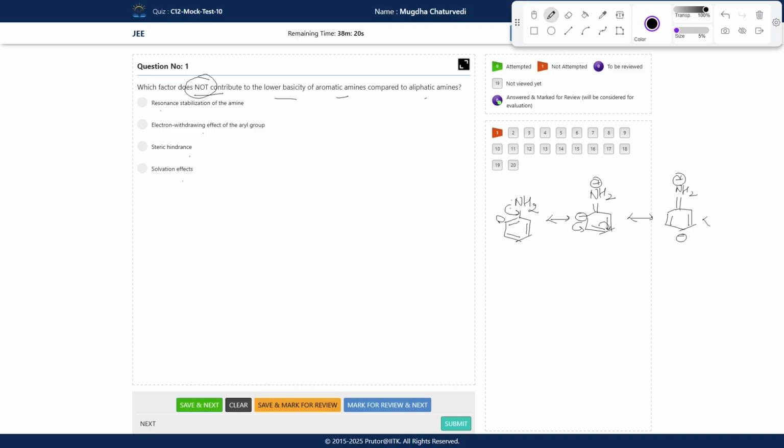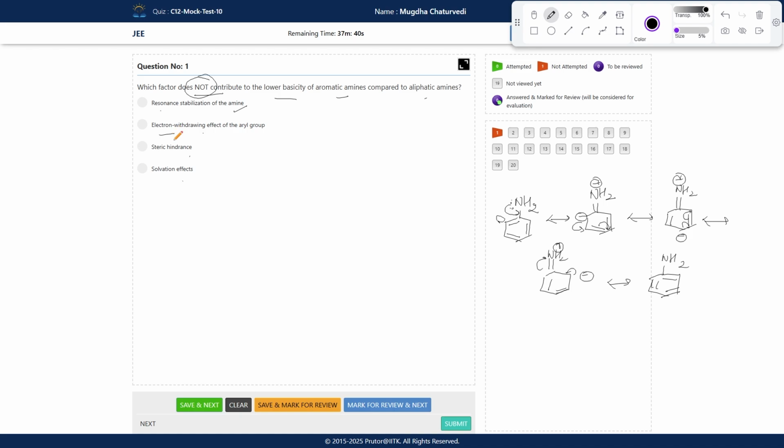Next, if I draw the resonating structure, this will move here, giving a double bond NH2 plus and a negative sign here. And the last resonating structure goes like this. So these are the resonating structures of aniline. Here you will see that the lone pair of electrons is delocalized into the ring. So this factor contributes.